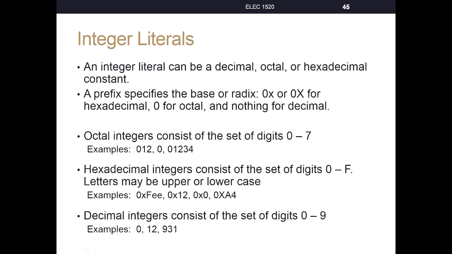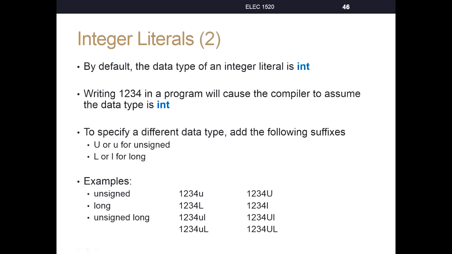Finally, as I said, we use base 10 by default. Decimal integers contain the digits 0 through 9. If you were to write 0, or the number 12, or the number 931, these are base 10. They're not preceded with a 0 or a 0x. By default, the data type of an integer literal is int.